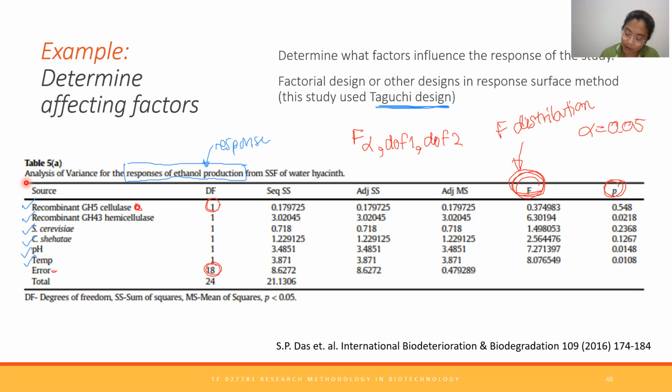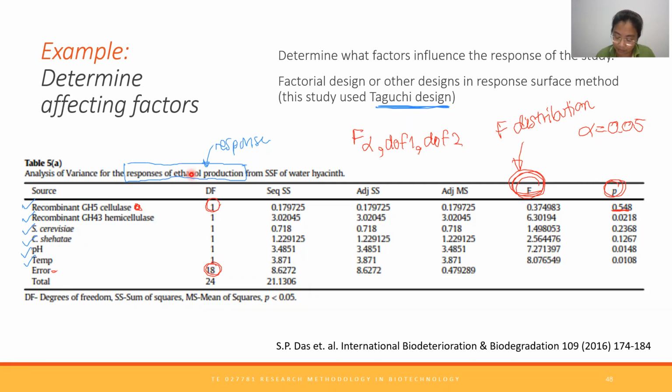So when you have the P of 0.54, which is far higher than 0.05 here, the program will say it's insignificant. That means adjusting the level of cellulase doesn't affect the ethanol production, because you are accepting H node, okay? Because the P value is higher than 0.05. Accepting H node means that changing the level of cellulase doesn't change the amount of ethanol being produced.